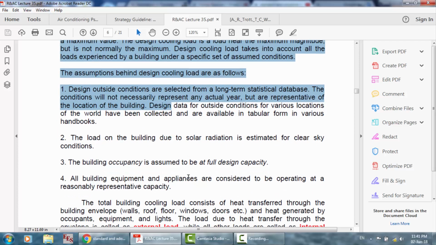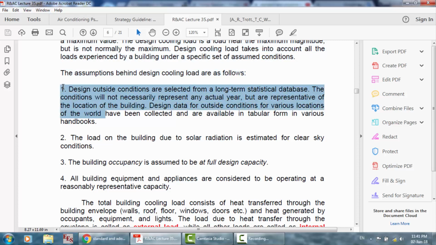So design outside conditions are selected from a long-term statistical database. The conditions will not necessarily represent any actual year, but are representative of the location of the building. Design data for outside conditions for various locations of the world have been collected and are available in tabular form in various handbooks. That's why, gentlemen, we have a library in HAP for the weather.